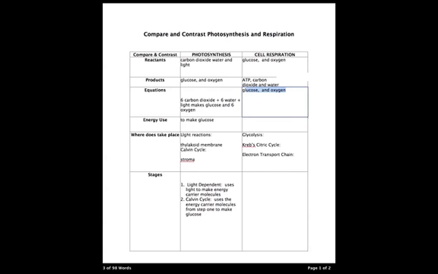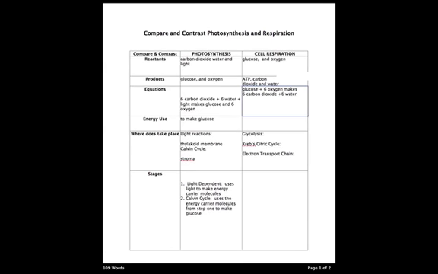We start off with glucose, which is C6H12O6, and then we add 6 oxygen, and it makes 6 carbon dioxide, plus 6 water, plus 1 ATP, which is our energy molecule.